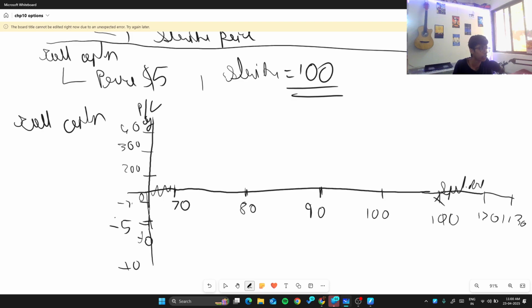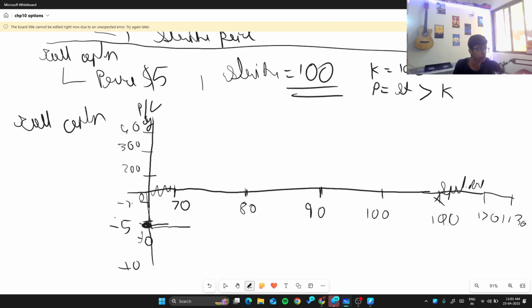So we paid -$5. The strike price is K equal to 100. We will earn money if the spot price is bigger than K. Profit will happen when ST is greater than K. Till then we will be at a loss of $5 because we paid $5, right?